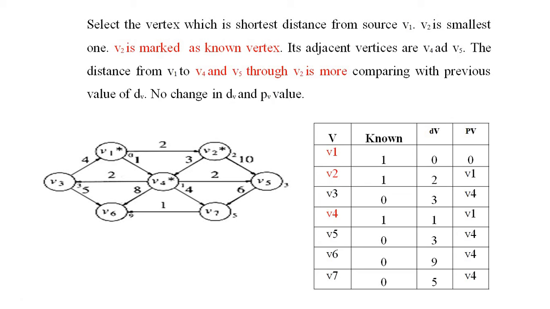Next, the known vertex is v2. v2 is connected with v4 and v5. These values are higher than the previous values, so we can easily neglect them.